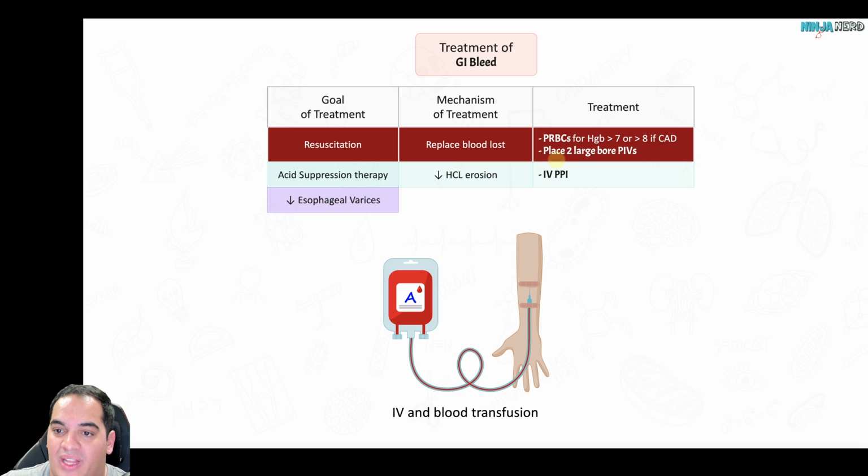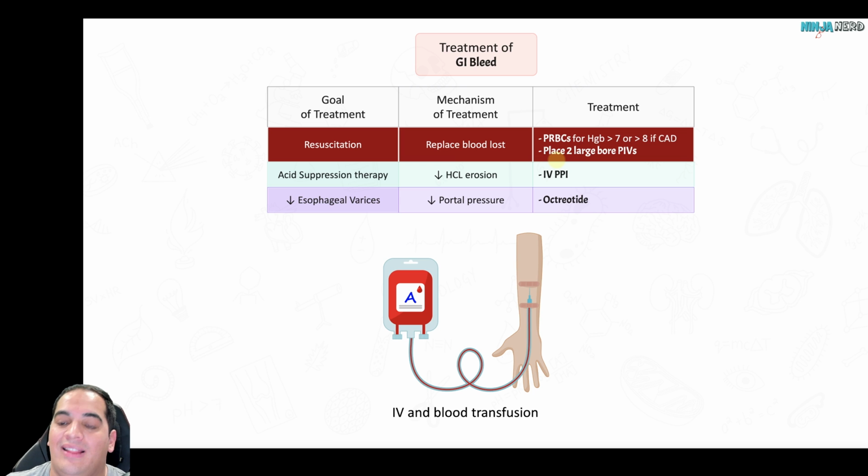If you have a patient with a history of cirrhosis, you should definitely think about esophageal varices, especially in the scenario of hematemesis. If you suspect that they have a potential to have esophageal varices, you should put them on octreotide. It's suggested by the guidelines.